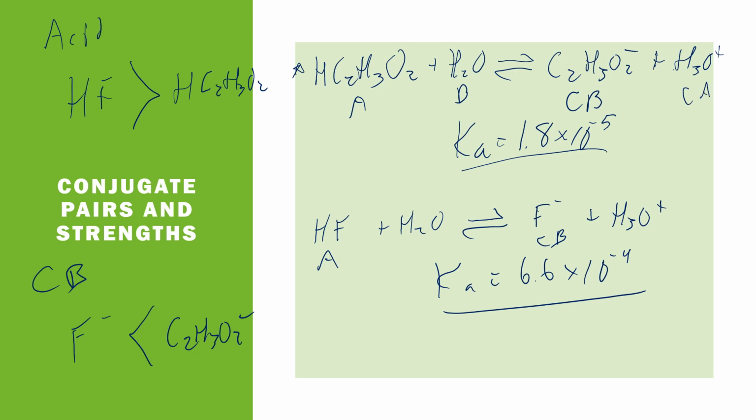So it could ask you which thing is acting as a stronger base. Is it the water or is it the acetate? Well, because the Ka value is so small, right, it's less than 1, it's going to greatly favor the reactants. So that means I'm going to have more of this and this present compared with the products.